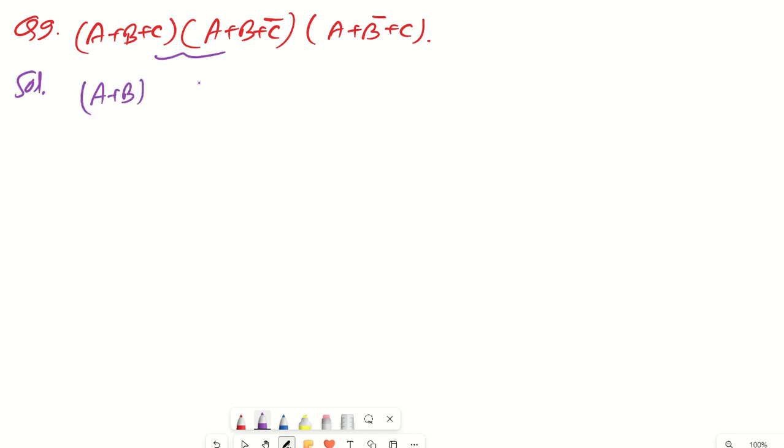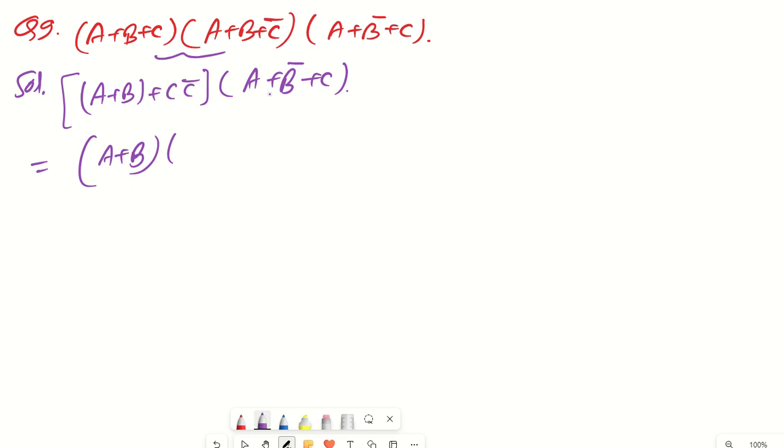Then we are going to get c plus c bar. So can we write it down like this? So I have a plus b plus c and a plus b plus c bar. So first two terms are done, and we have the last term as a plus b bar plus c. Then we can see that c c bar will be 0. So I am going to be left with a plus b into a plus b bar plus c.